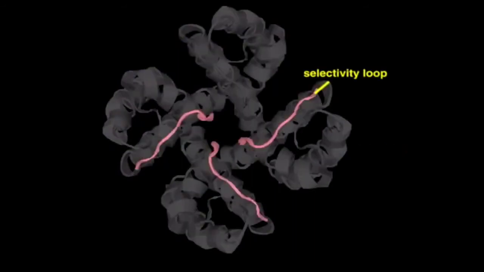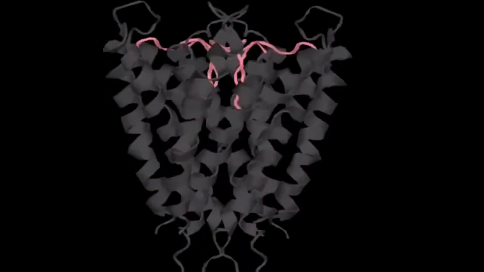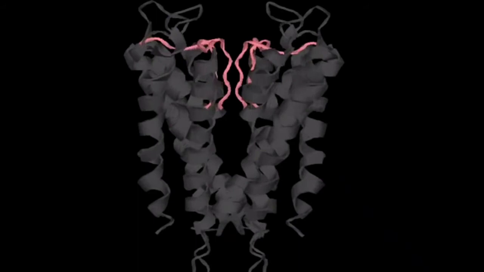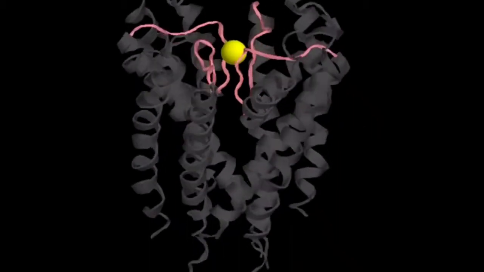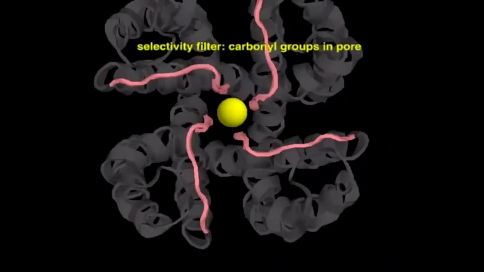This structure is responsible for the channel's high degree of selectivity for potassium ions over sodium ions. In this selectivity filter, carbonyl groups line the walls of the pore. These carbonyl groups are spaced precisely to interact with an unsolvated potassium ion, balancing the energy required to remove its hydration shell. Passage of a sodium ion through the channel is energetically unfavorable because the sodium is too small for optimal interaction with the carbonyl groups.